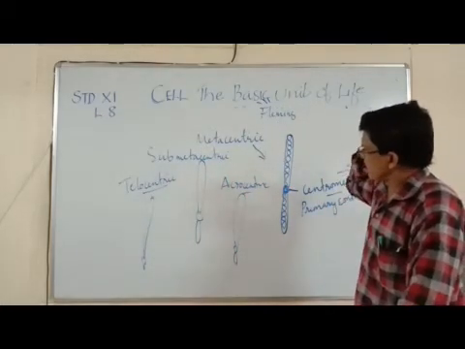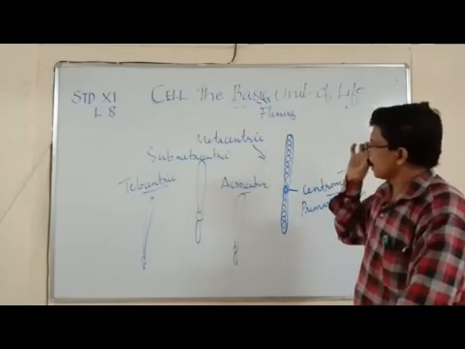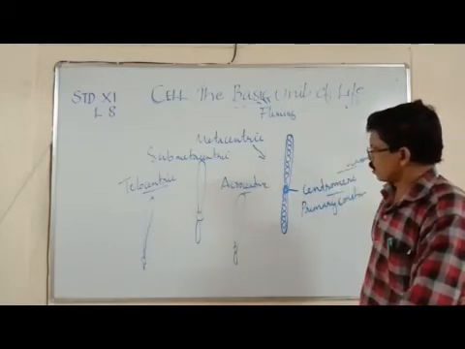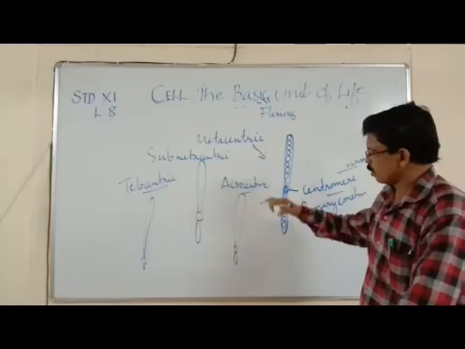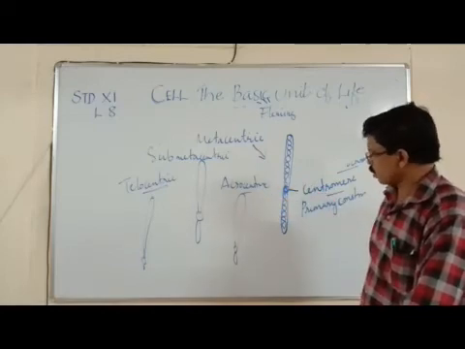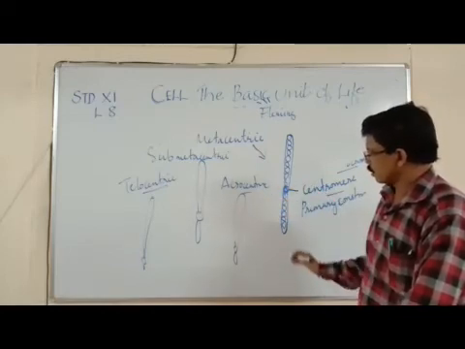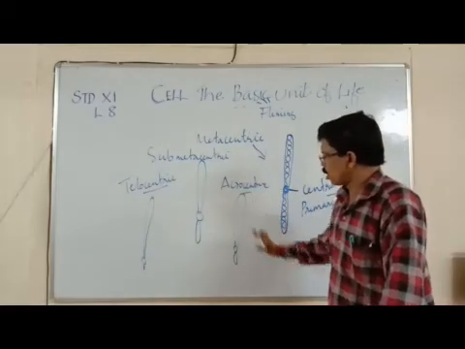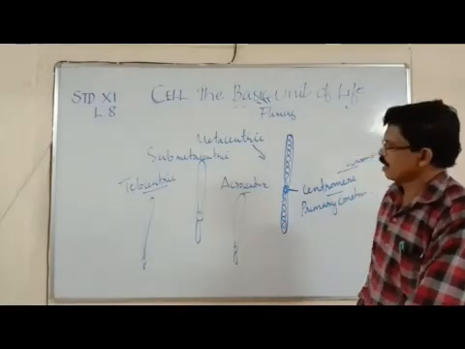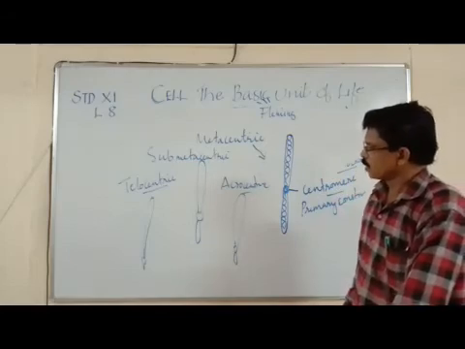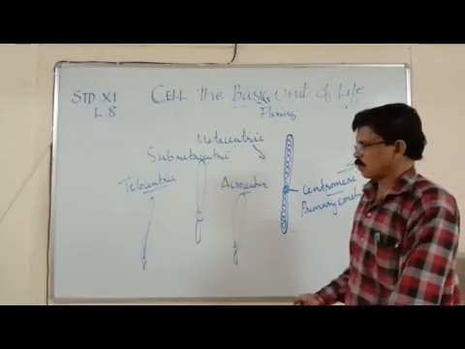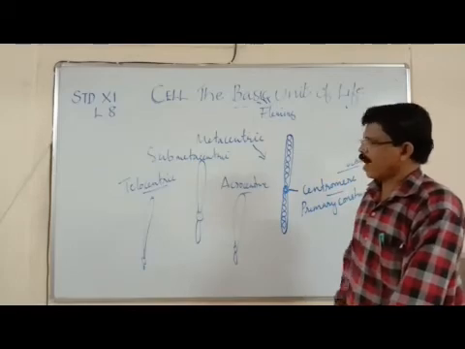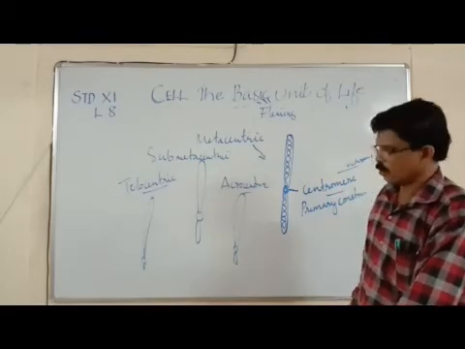Metacentric: the centromere is at the center. Submetacentric: the centromere is towards one end of the chromosome. Acrocentric: the centromere is toward the end so that one arm is too long and the other arm is too short. Telocentric: the centromere is at the tip, so only one arm is visible and the other arm is not.